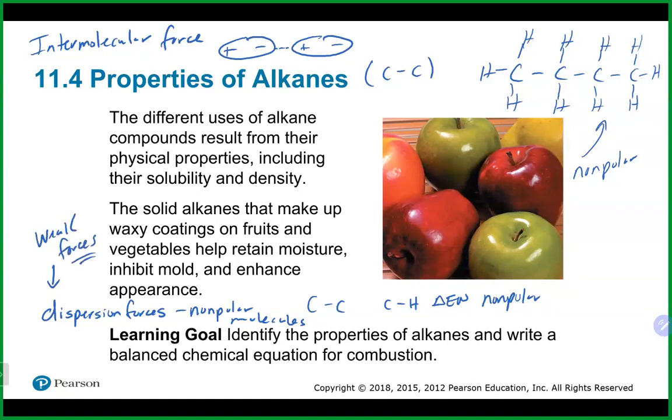They're weak because they rely upon something happening to allow the molecule to have a positive side and a negative side. They rely on electrons moving from one side to the next to temporarily create a positive side and a negative side.